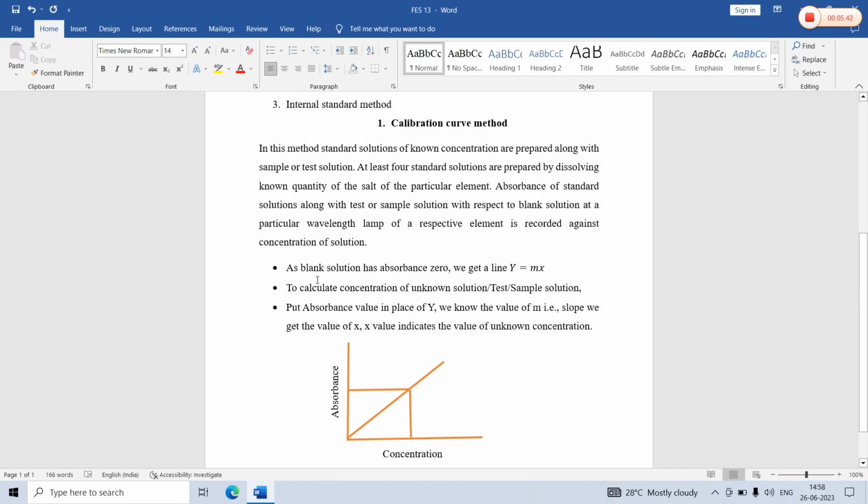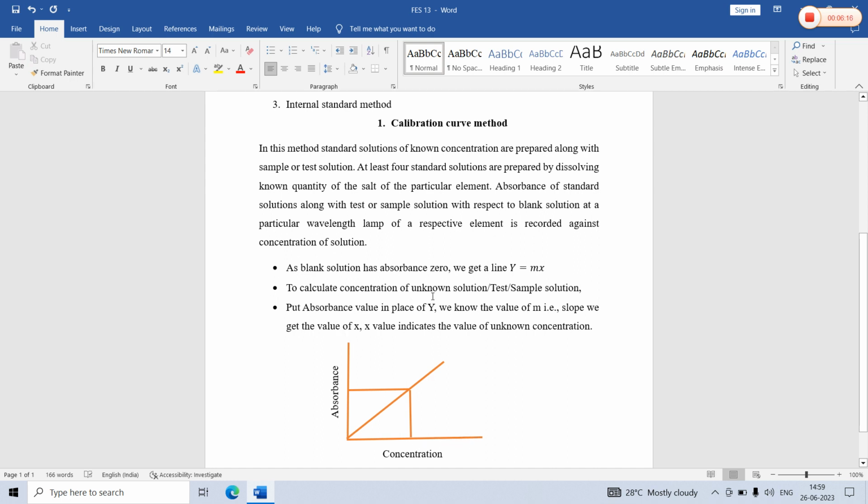So here we get the nature of the graph like this. Here the intensity is placed, here the concentration is placed. A line is drawn which goes through the origin, so we have the line equation y = mx. Here y is the point on the y axis, x is the point on the x axis, that is the concentration.